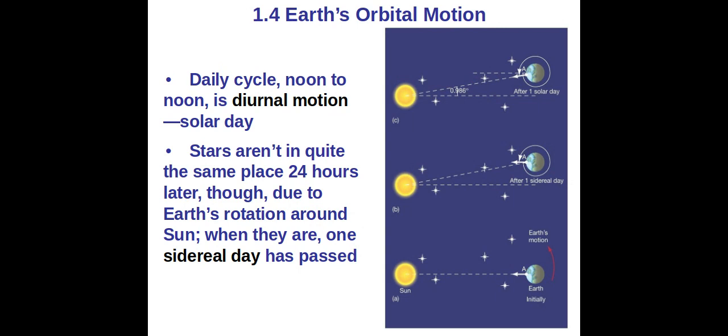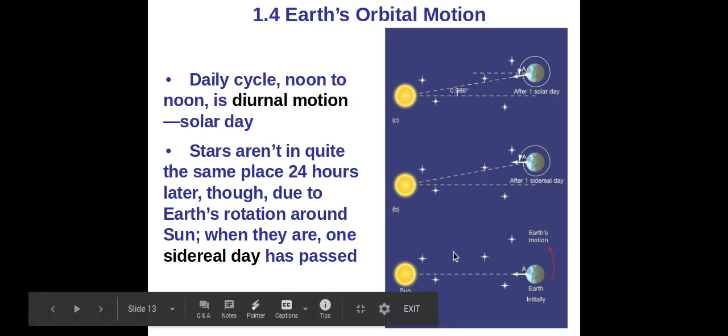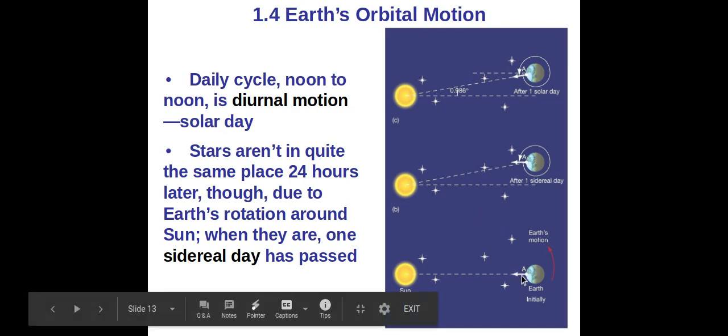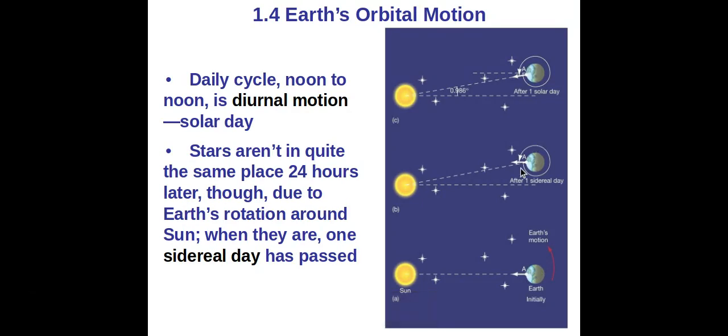If you look at the Earth's orbital motion, there are 2 different ways to measure a day. You can either have a sidereal day or a solar day, and that's because if you think of what a day is, most people would say, oh, well, it's 1 full rotation of the Earth. But if you think of 1 full rotation of the Earth, then the sun actually is not at the same point in the sky.